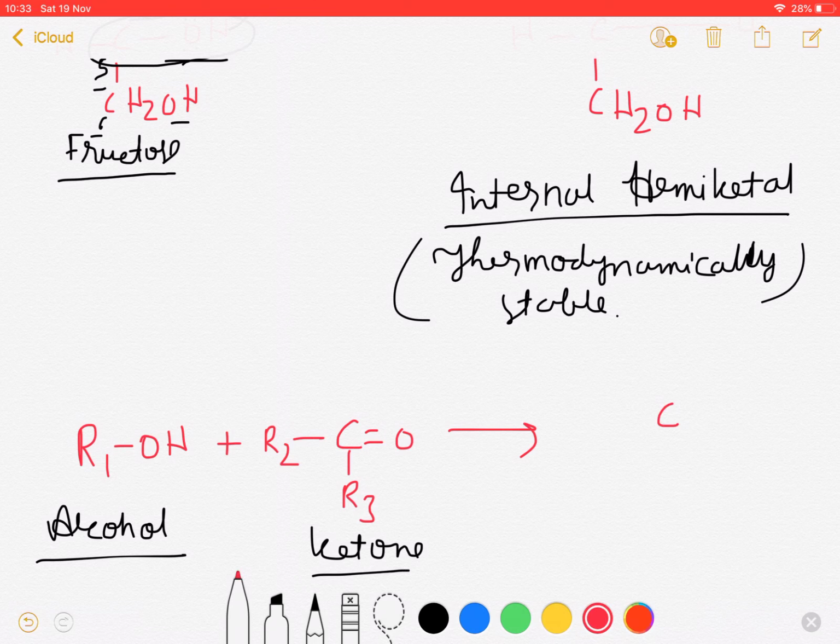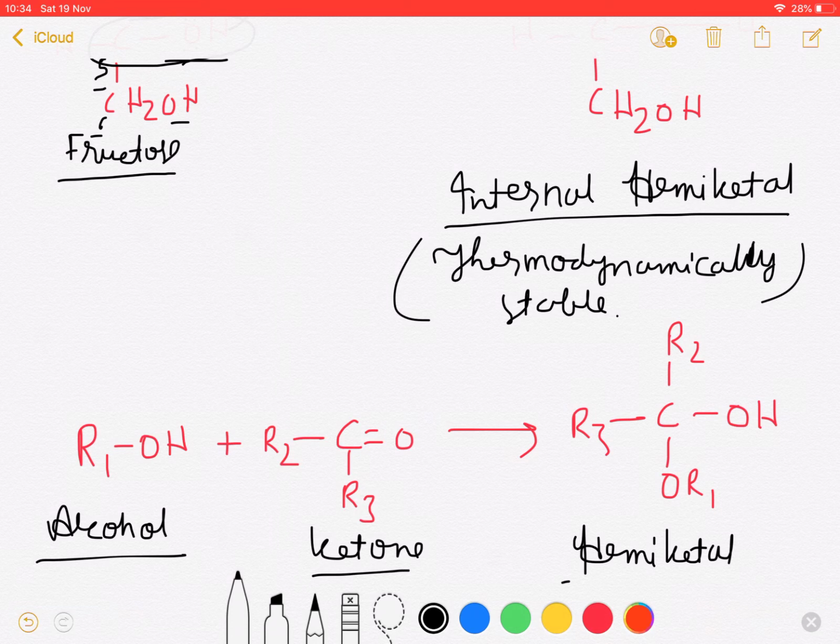With this central carbon, R2 and OH get connected, and then R3 and OR1 get connected. So this is called a hemiketal.